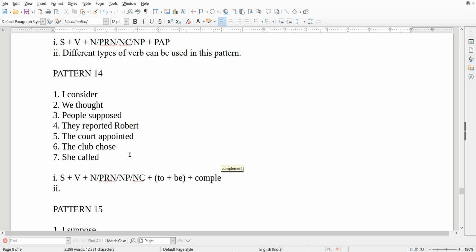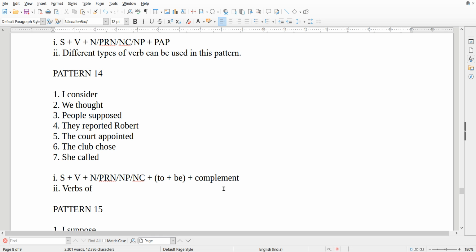The complement of a verb is something that's required to complete its sense. You have a complement here because be is a verb of incomplete predication.